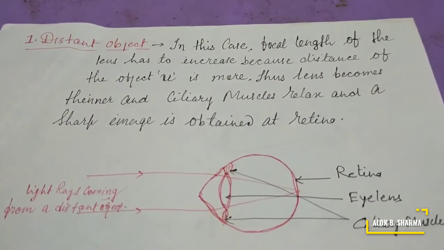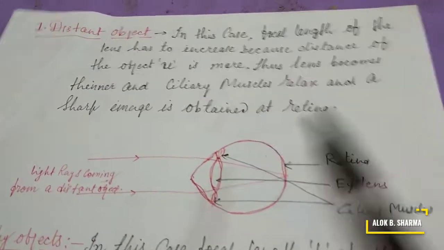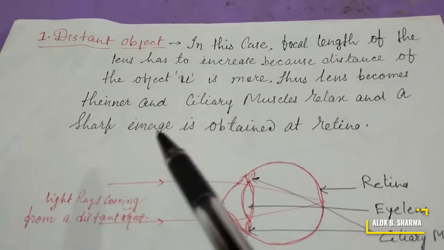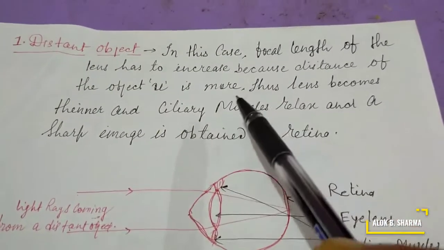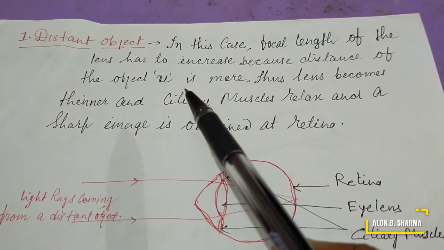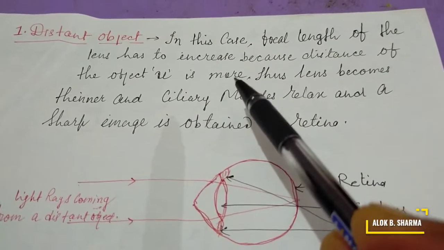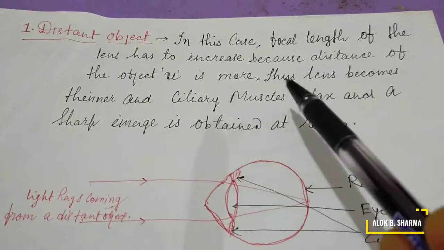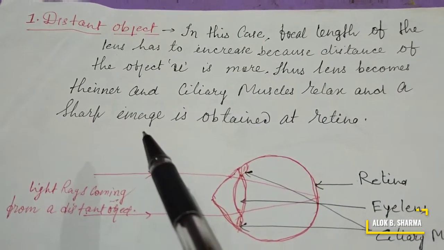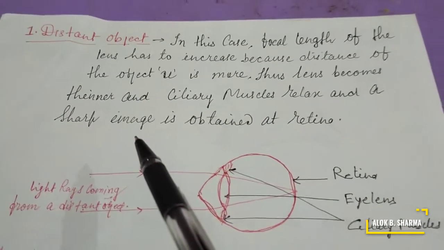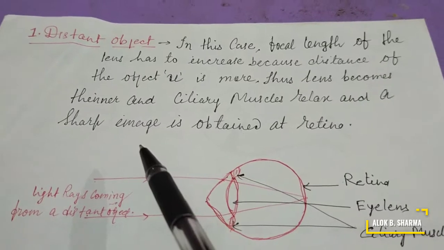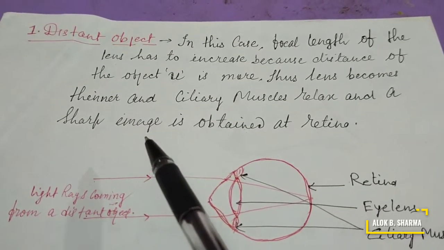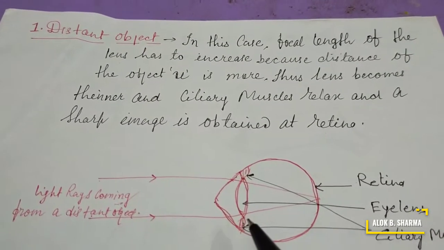First is when the object is at a distant place, in case of a distant object. In this case, the focal length of the lens has to increase because the distance of the object u is more, so the lens becomes thinner. Means when the eye lens sees far off objects, it has to increase its focal length.